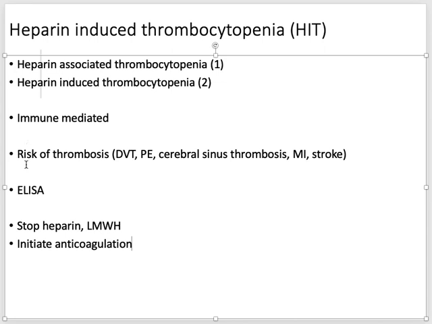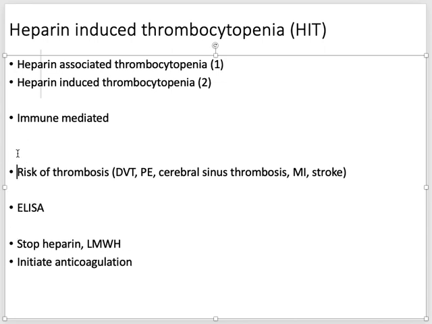I think this is a very important thing to understand. By the way, I should write over here: bleeding complications are not common in this one. There is thrombocytopenia, but rather people go into risk of thrombosis.